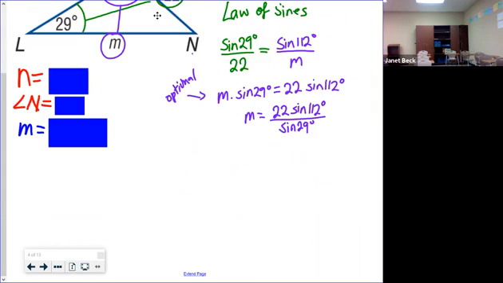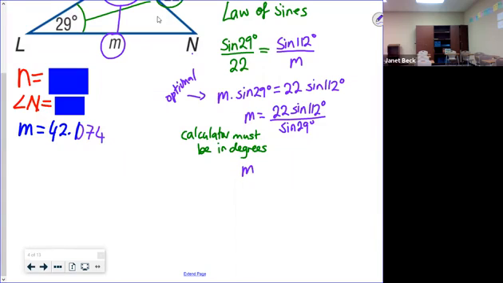Your calculator must be in degrees. And you should get that side length n equals 42.074. Okay?